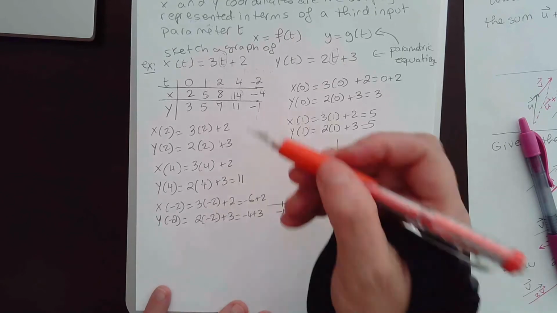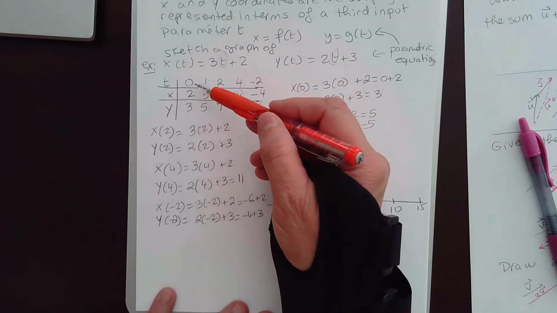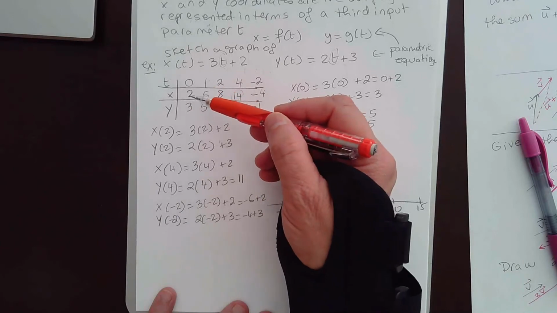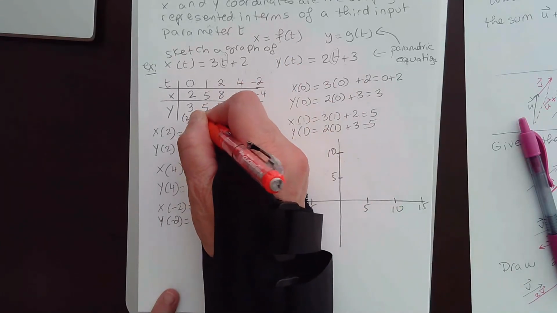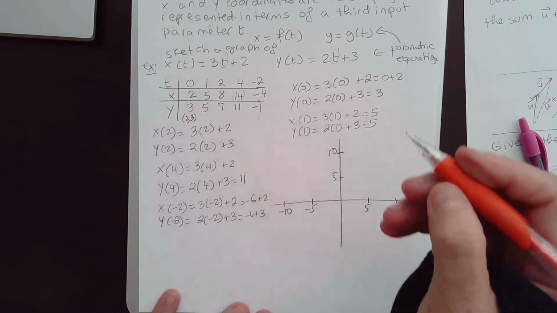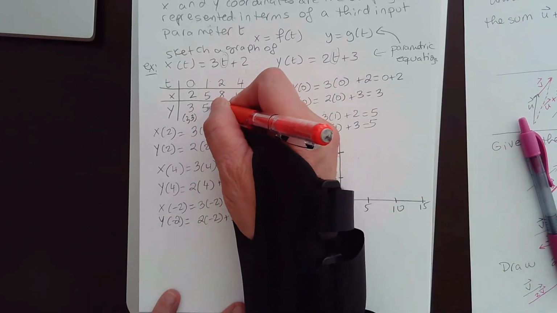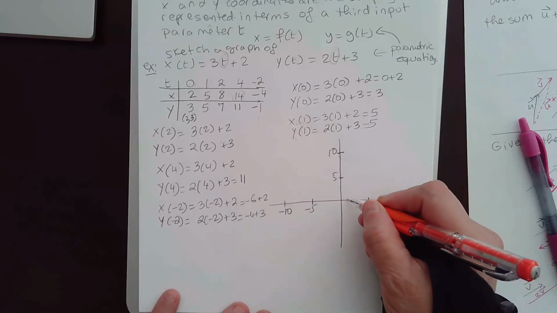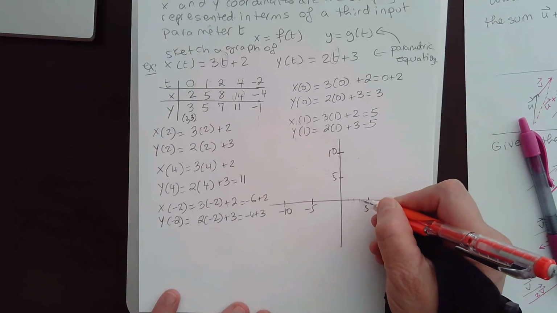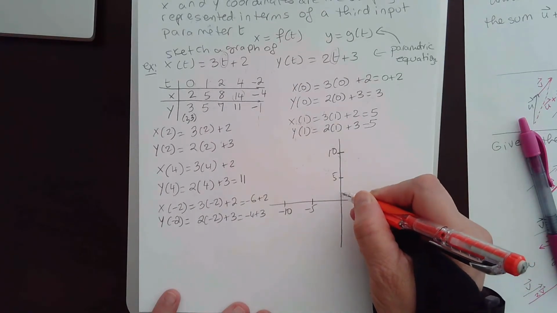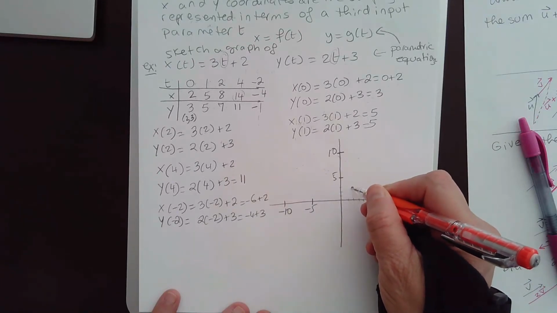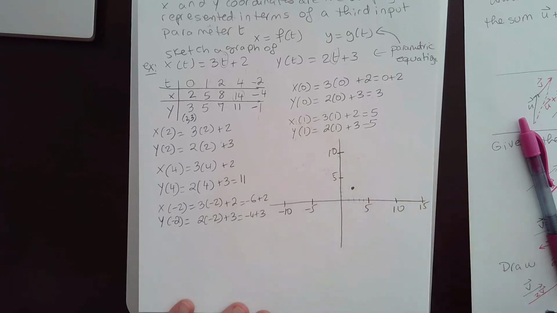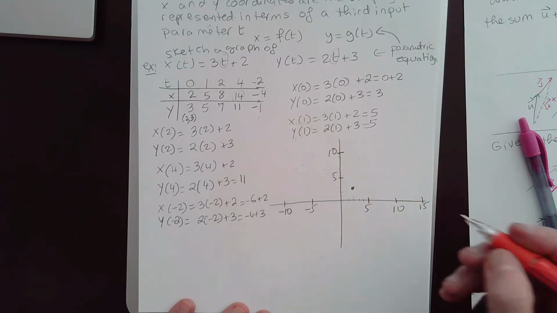So let's see. When t is 0, x is 2, y is 3. So a point on the graph would be 2, 3. Where's 2, 3? So here's 2, here's 3. That's a point on the graph, 2, 3.